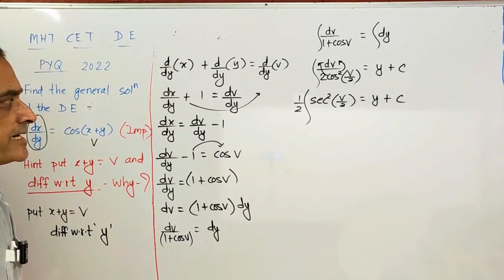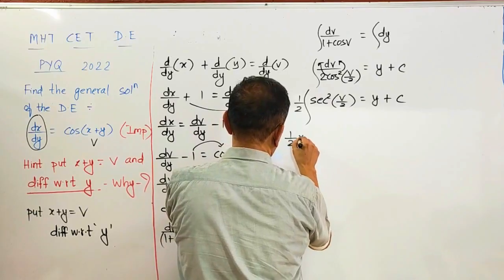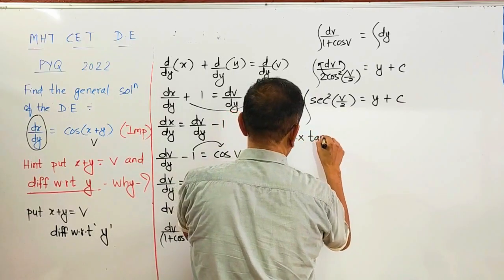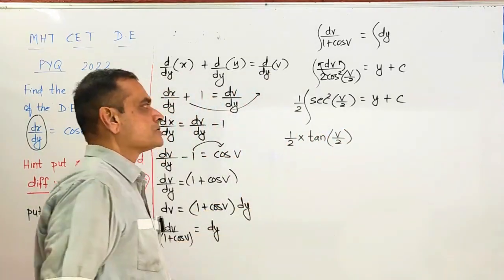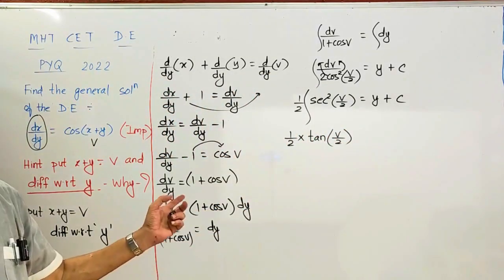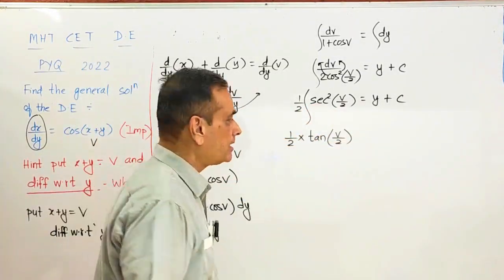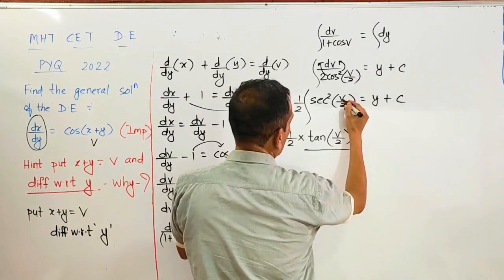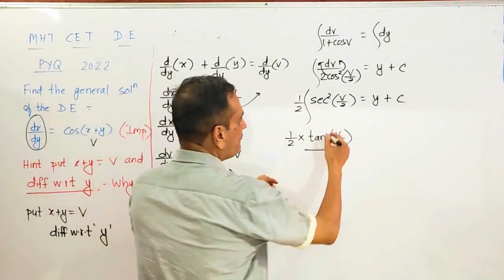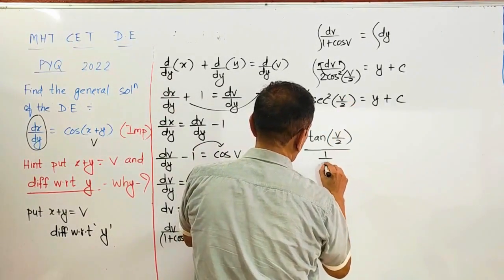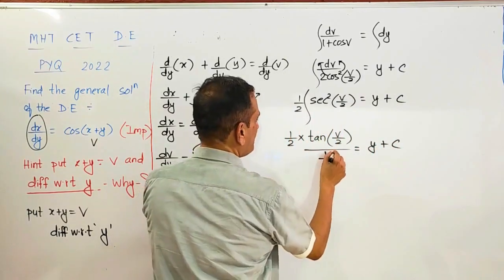The integral of sec squared x is tan x. So the integral of sec squared v by 2 will be tan of v by 2, and don't forget basic integration, divide by the coefficient of v. It is like dividing by the coefficient of x. So the coefficient of v is 1 by 2. Half gets cancelled.